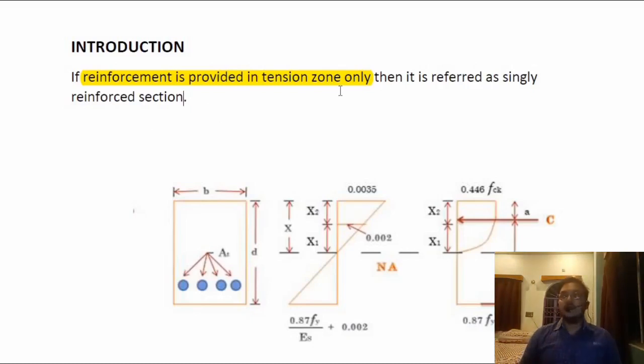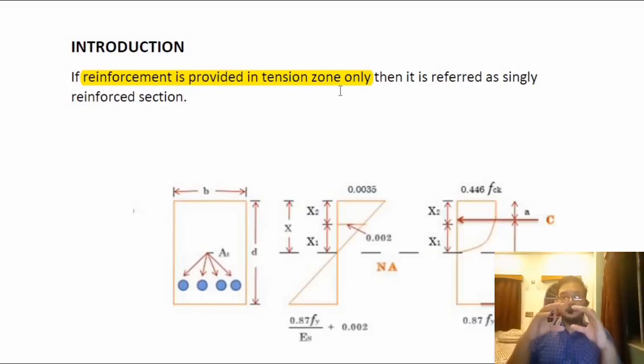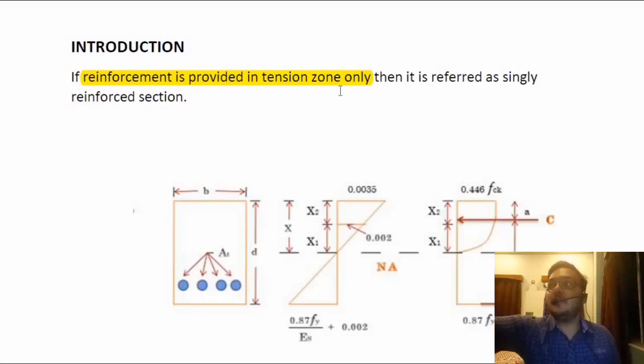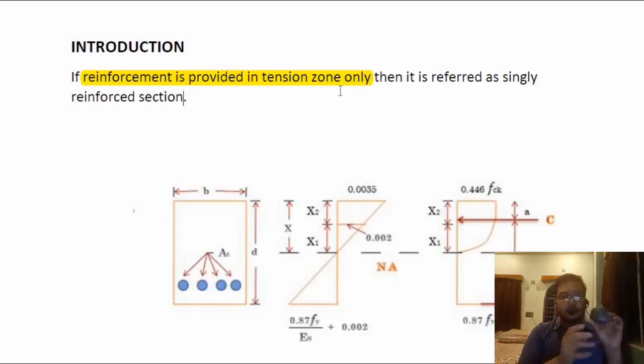Suppose this is my beam, and just assume that it is cuboidal or prismoidal in shape, as our beam is, and we are only providing the reinforcement at this part through this entire beam. At the lower or bottom part we are providing reinforcement.